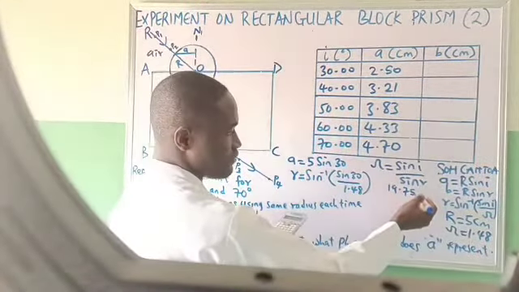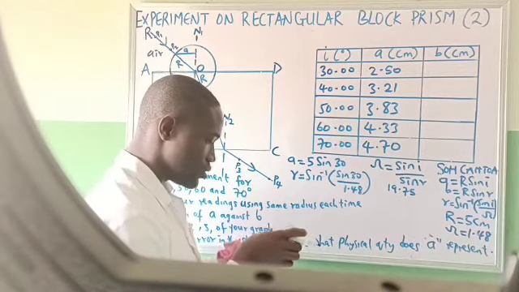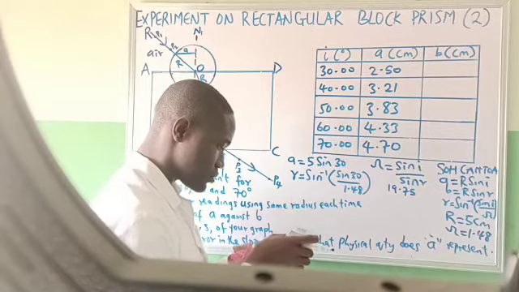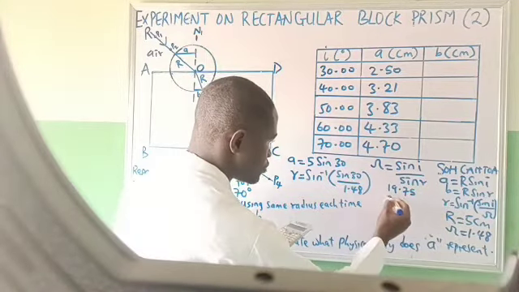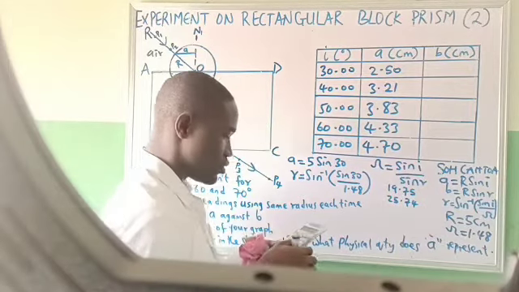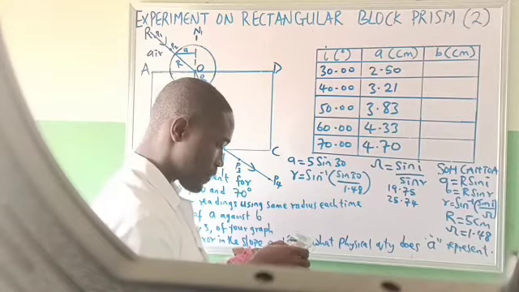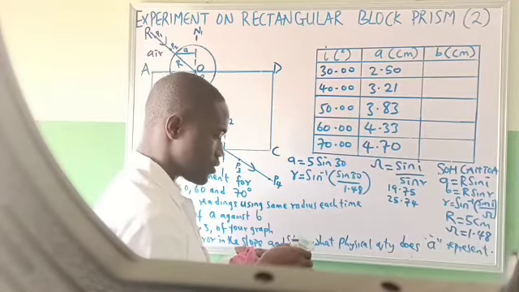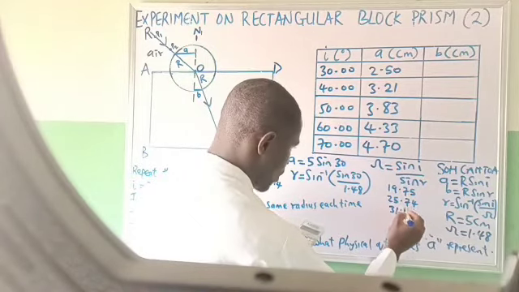Let's see the second one. This is for 30, the first one. For the second one, we change 30 to 40. 25.74. We change 40 to 50. 31.17.